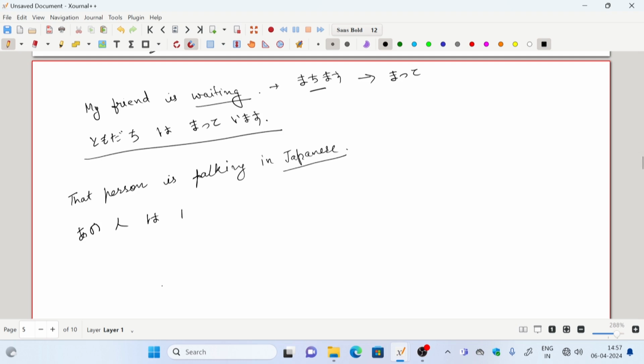Japanese language is Nihongo. Since it is a tool, it will be de. So language is a tool. Ano hito wa Nihongo de hanashite imasu. So that person is talking in Japanese. Hanashimasu means to talk. Since there is she, it will change into shite.